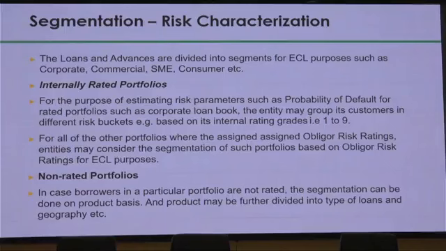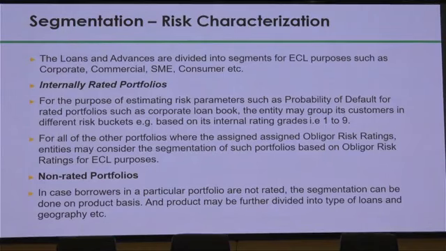For non-rated portfolios like consumer portfolios, where you do rating at the time of origination of the loan, but not subsequently, in that case, you cannot segmentize those loans according to their scorecard or according to their obligor risk rating. So in that case, what you can do is you can do segmentation on product basis.